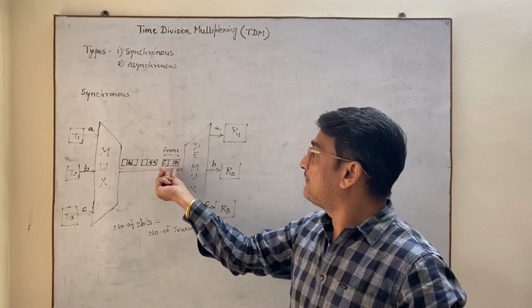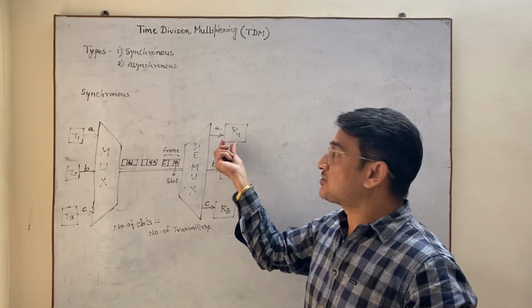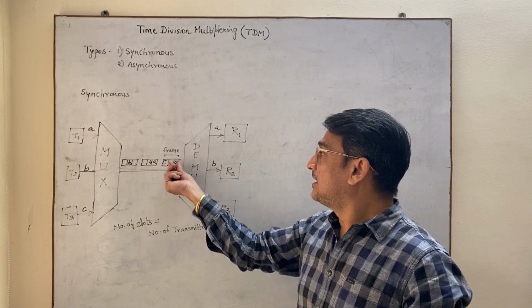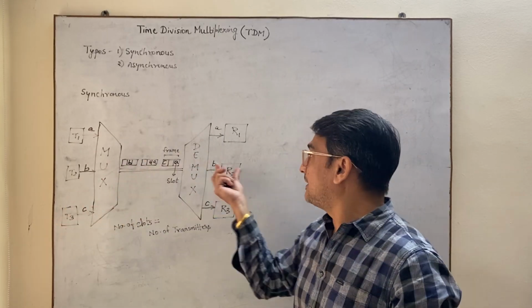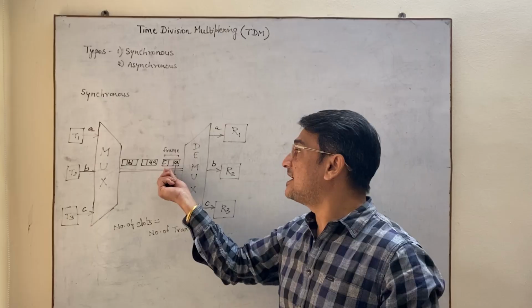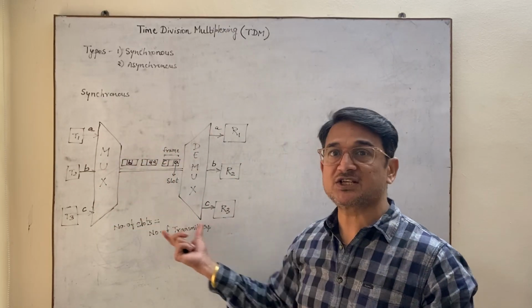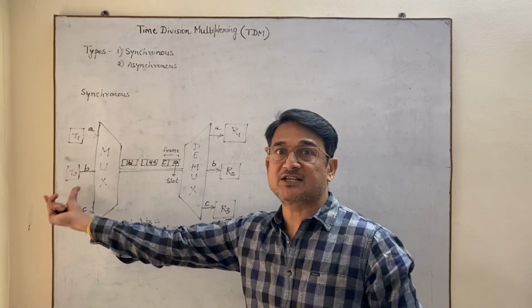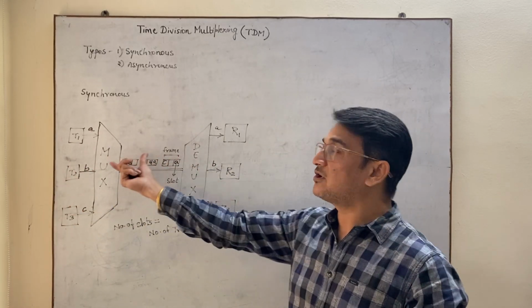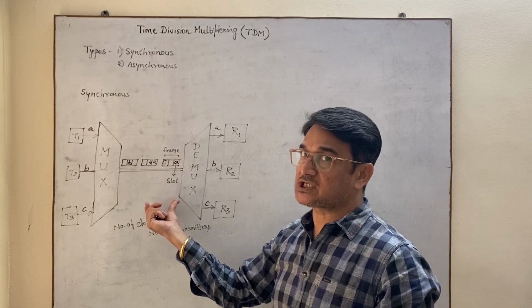Receiver knows that every frame's first slot is for me. So receiver 1 will receive the data from the first slot of every frame. Similarly, receiver 2 will receive the data from the second slot of every frame, and so on. So this process is easy to understand, and I hope you understand the concept of transmission and reception of data with the help of this frame and various slots.